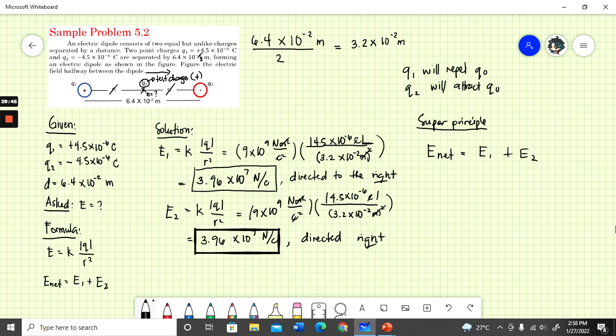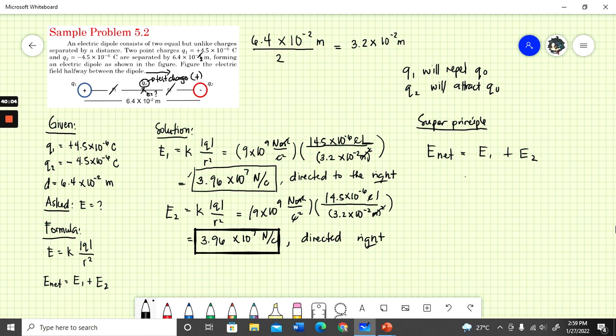This is where this equation comes from, because we're looking for the total E here. If you only have one charge, this is the answer. But since we have two charges, we have to consider the two charges.